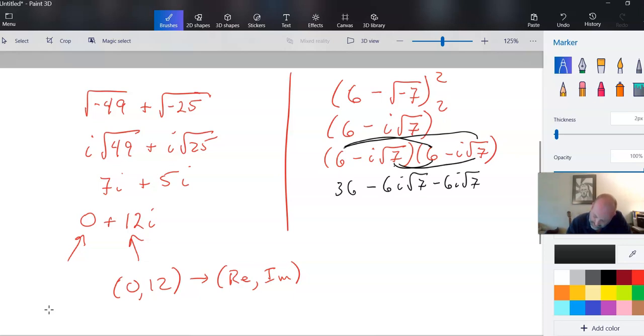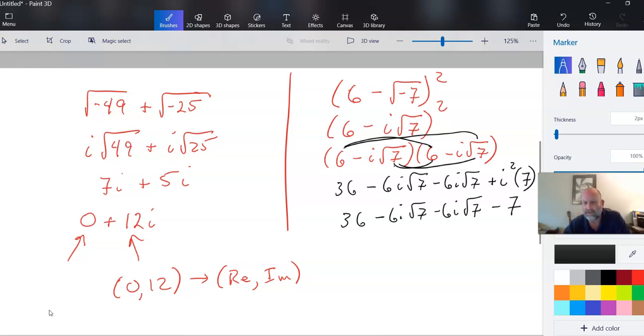And then lastly, I have negative i times negative i, which gives me positive i squared. And then root 7 times root 7, which just gives me a 7. So that means that I'm just going to rewrite this so it's more clear. So that's 36 minus 6i root 7 minus 6i root 7. And that's an i squared, so that actually makes this minus 7.